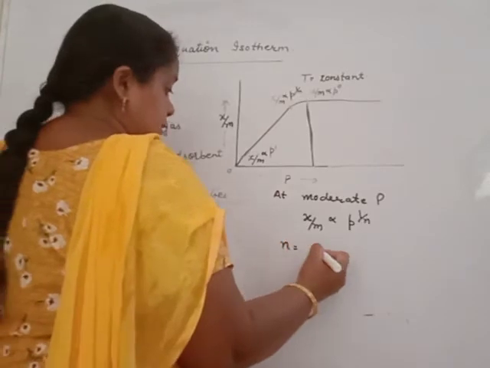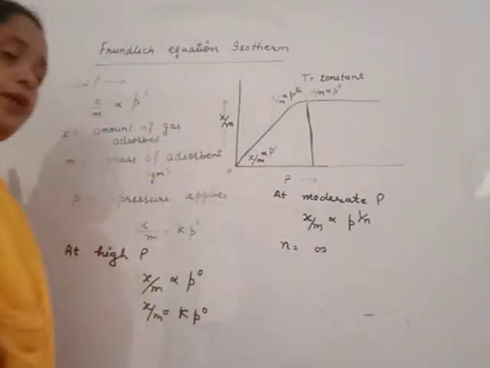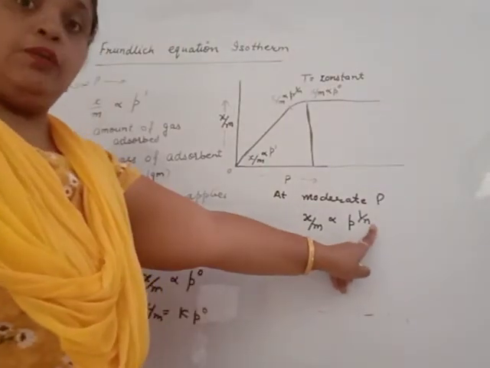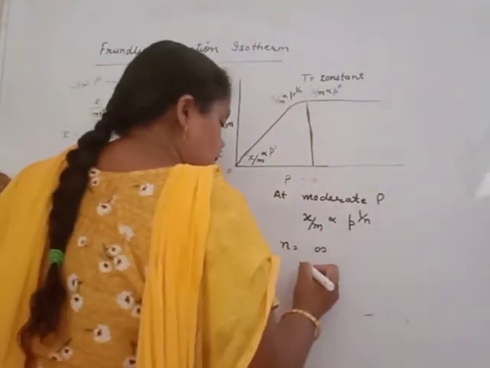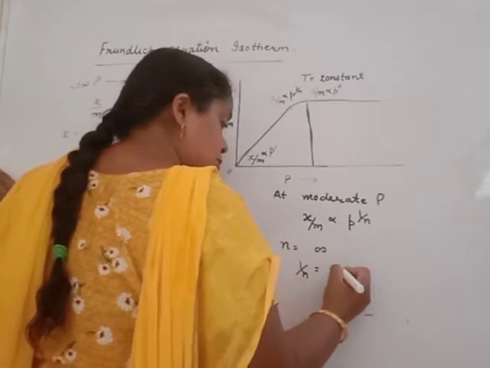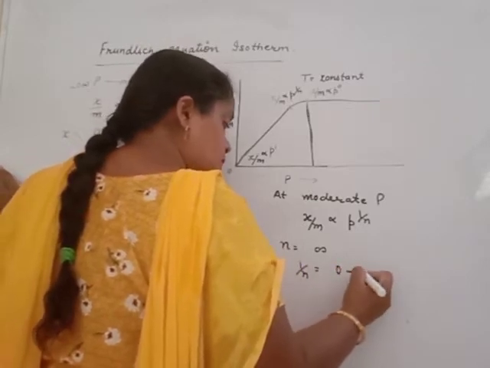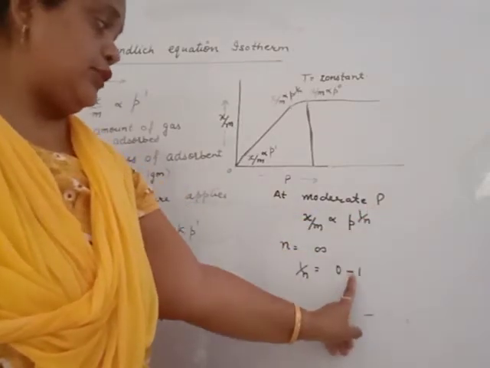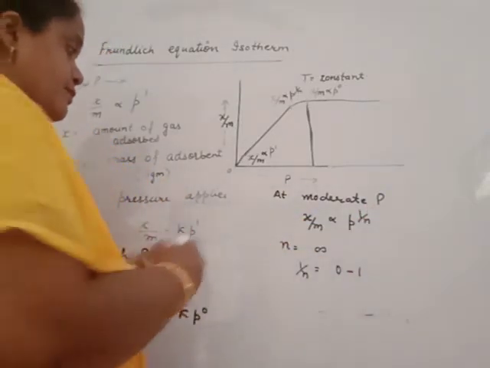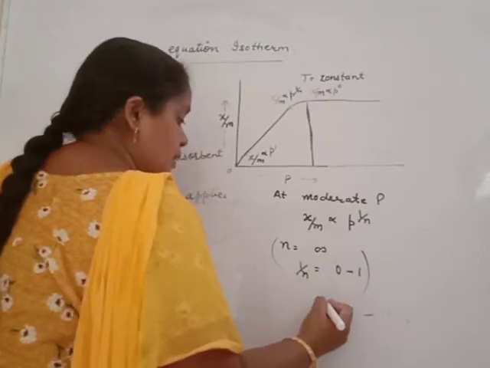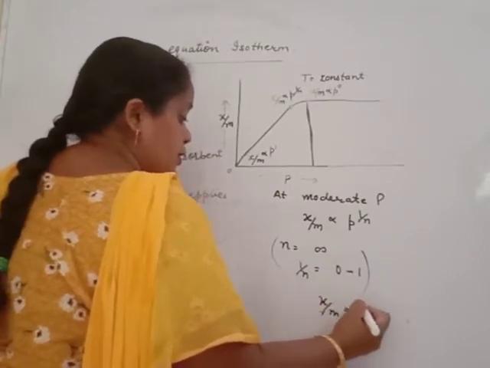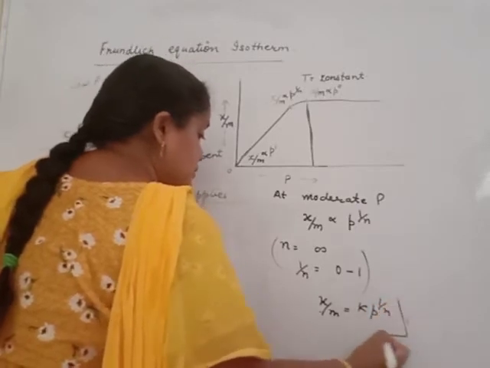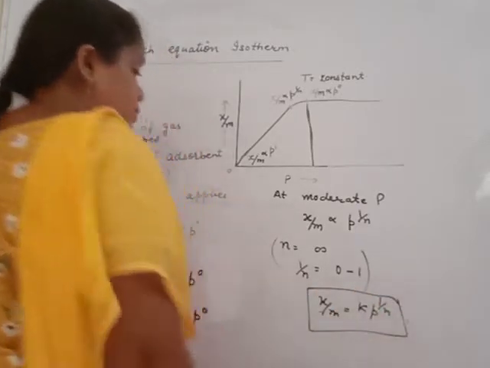The value of n is greater than 1, so the value of 1 by n exists between 0 and 1. x by m equals K P to the power 1 by n is known as the Freundlich adsorption isotherm.